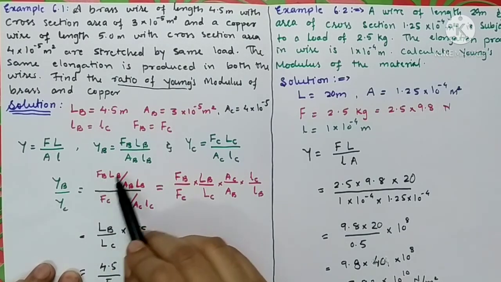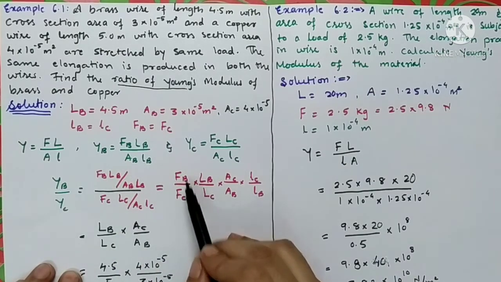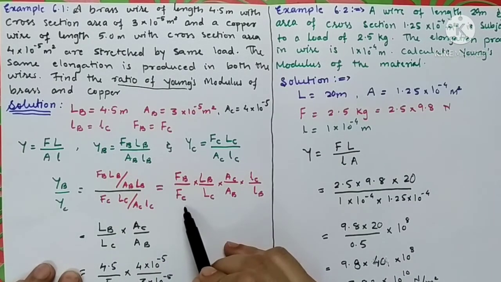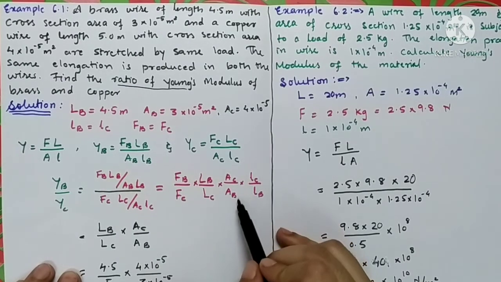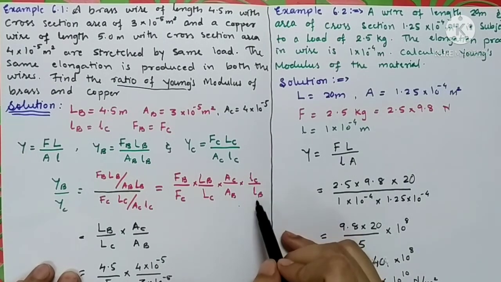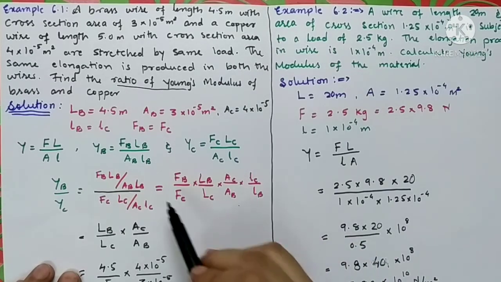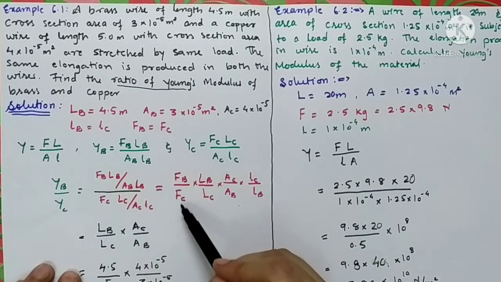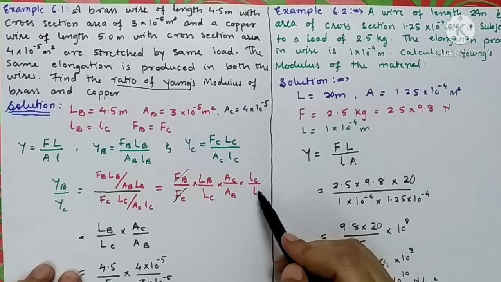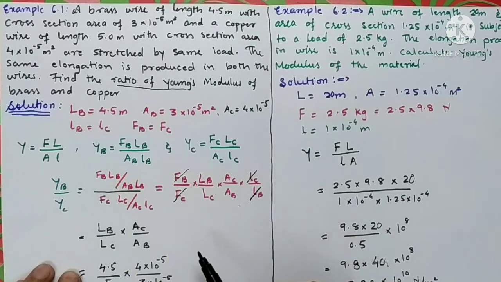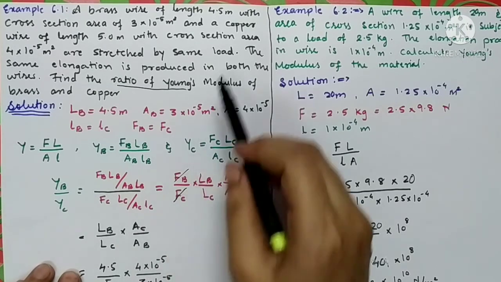So it comes out to be FB upon FC, capital LB upon capital LC, AC upon AB and lC upon lB, out of which FB and FC are both equal, so these two are going to cancel. Similarly, the same elongations are produced, so lC and lB will also get cancelled out. The ratio will become LB upon LC into AC upon AB, and all these four things are provided in the data.